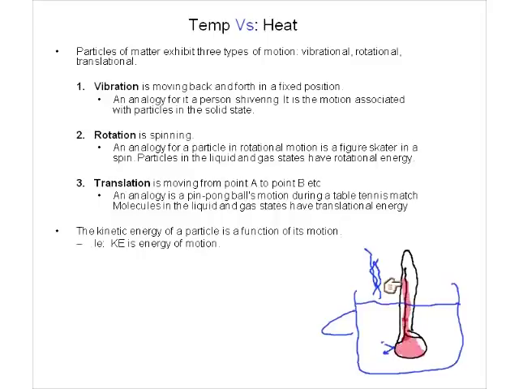So when we measure the expansion of that alcohol up the thermometer, we're getting an indirect measure of the amount of kinetic energy those particles have. In a sense, the higher the temperature of something, the more kinetic energy it has. All right, so let's go have a look at this.